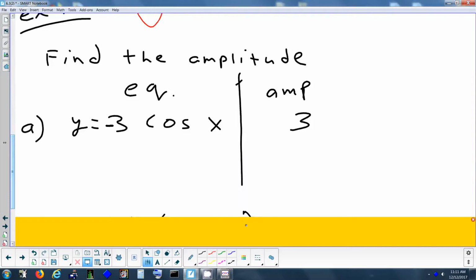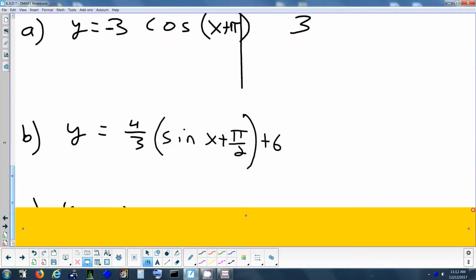What if I did this? 3. Still 3. What if I did plus pi? 3. Still 3. That plus pi, I've done a phase shift, but that has nothing to do with amplitude. That's what we did yesterday. Okay? So you can change all kinds of other things, but make sure you know what number to focus on for the amplitude.